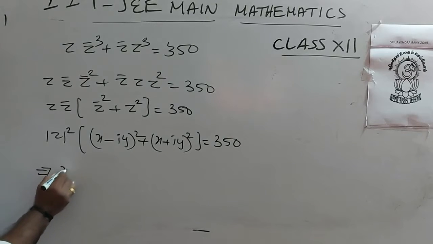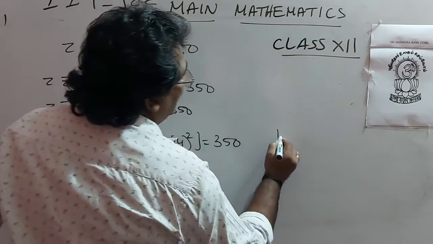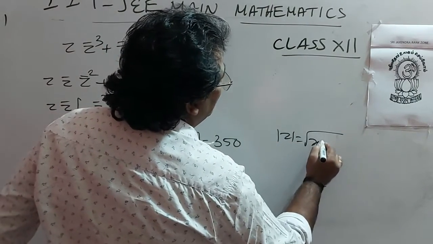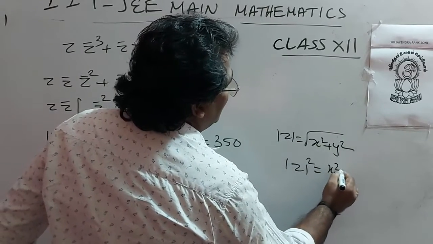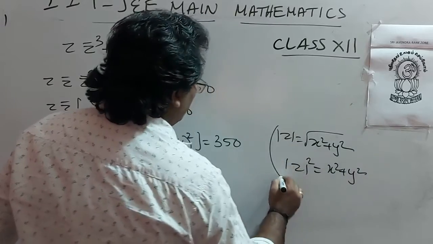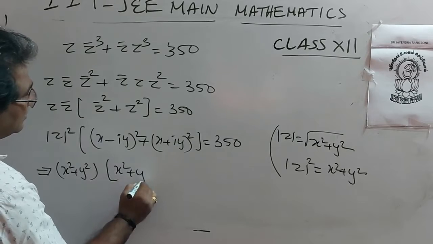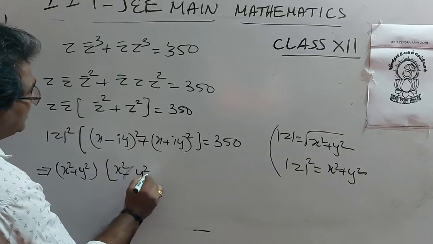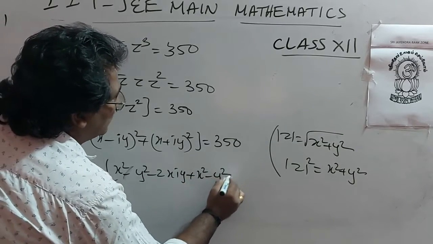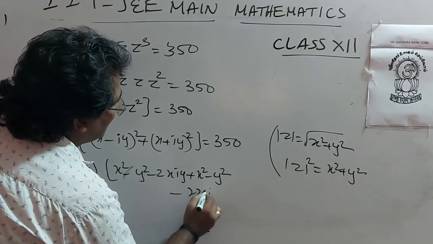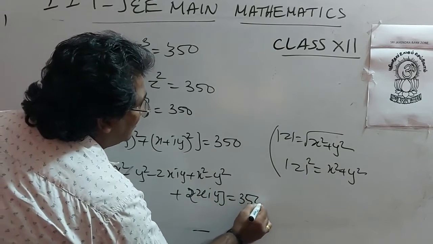which implies x squared plus y squared. We know that modulus z equal to root of x squared plus y squared. Modulus z squared equal to x squared plus y squared. x squared minus y squared minus 2xiy plus x squared minus y squared plus 2xiy equal to 350.